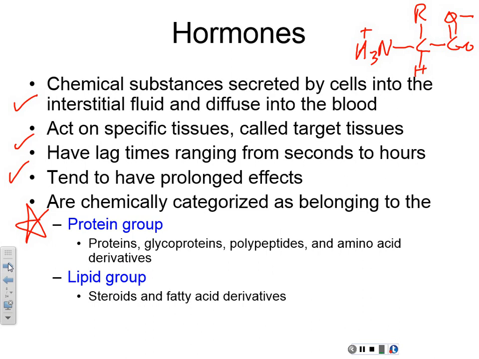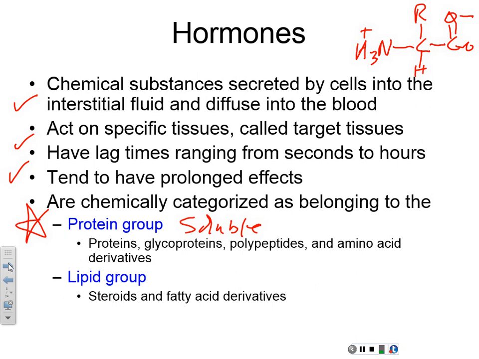Proteins are soluble in water, so they will not mix with the lipid bilayer. They could be polypeptides, amines, amino acids, glycoproteins, and I'll show you a whole list of them that are protein hormones: epinephrine, norepinephrine, all those are protein hormones.